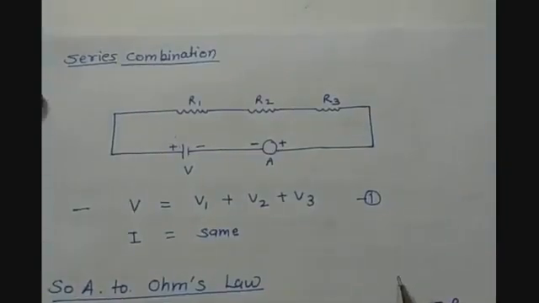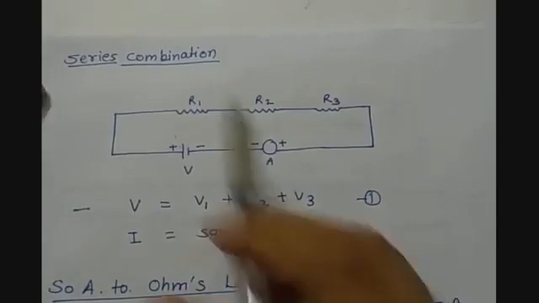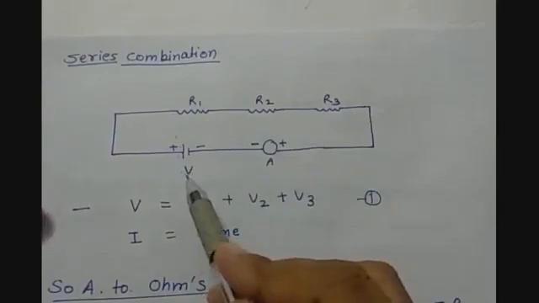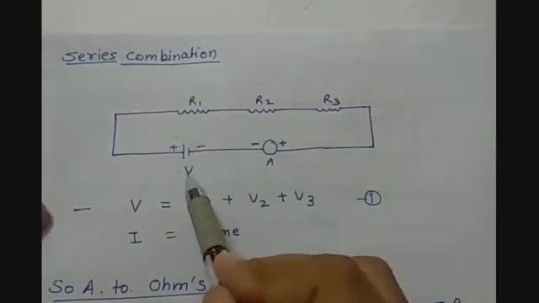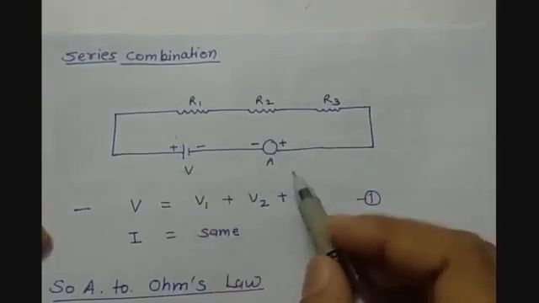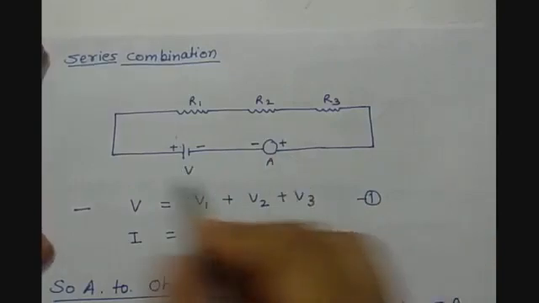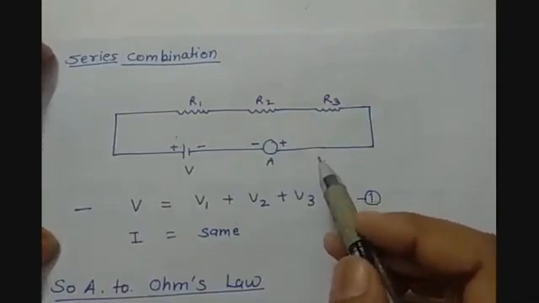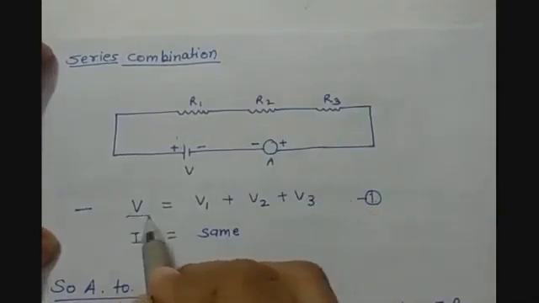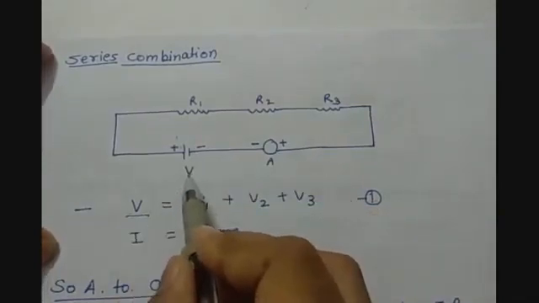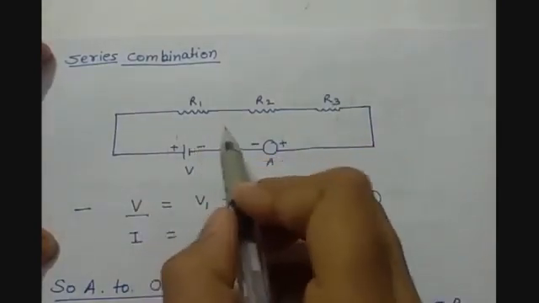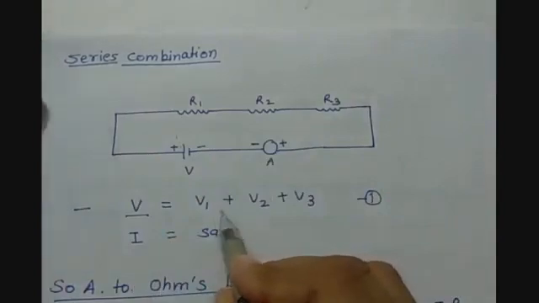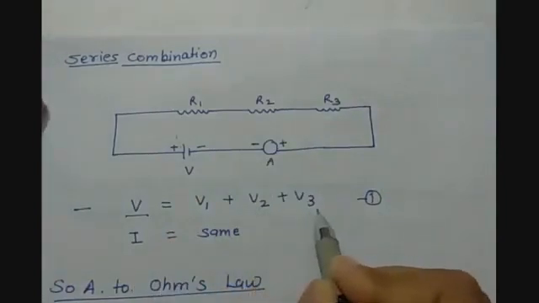So in case of series combination, let's say we have three resistors connected in series with each other. We have one source of energy which is giving us V volt potential difference, and one ammeter which can measure the current flowing in the circuit. We have studied the relation of the potential difference applied to the combination of resistors and the potential difference across the individual resistances.